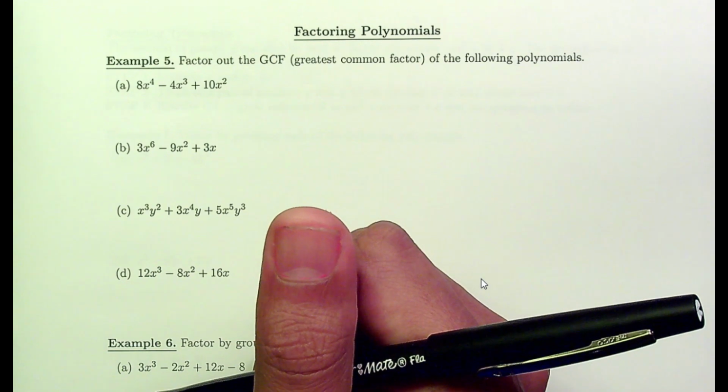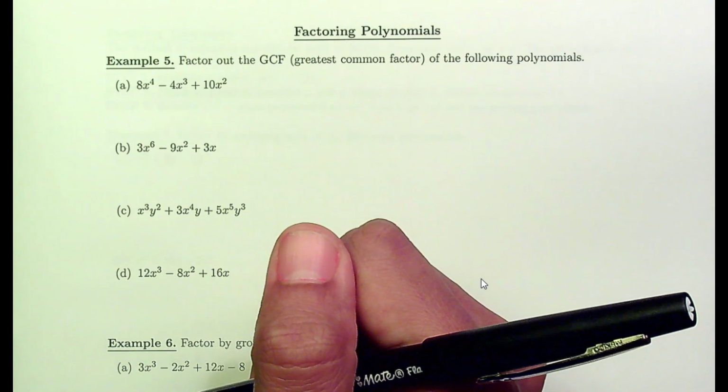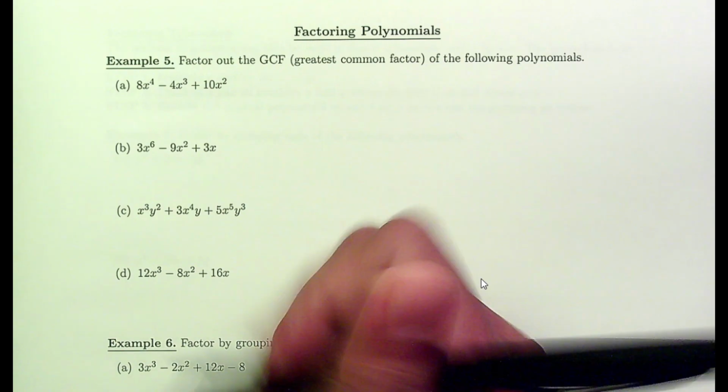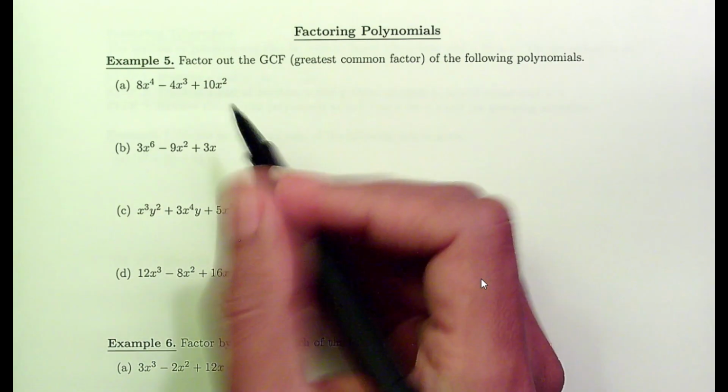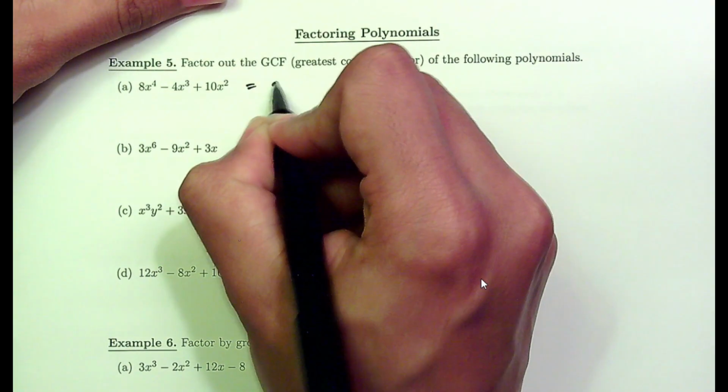The biggest factor is a 2 because 4 does not work. 4 does not go into 10. It's not a factor of 10. But 2 goes into 8, into 4, and into 10. 2 goes into all of them. So 2 is going to be the GCF for the coefficients. So you're going to write 2.